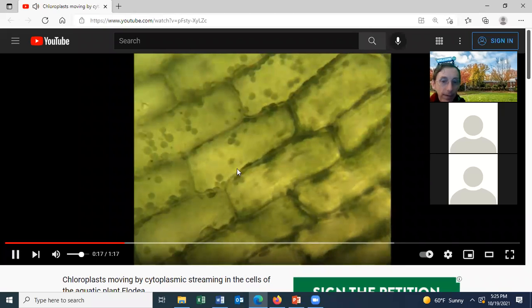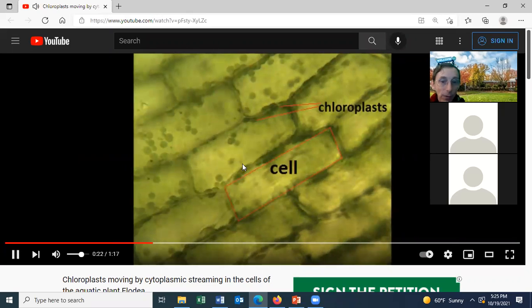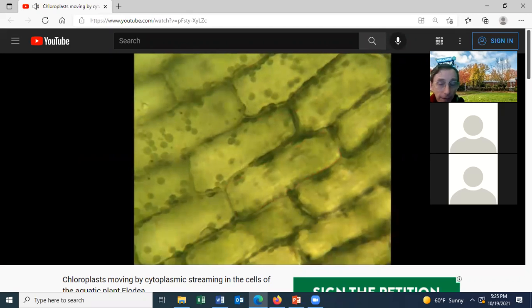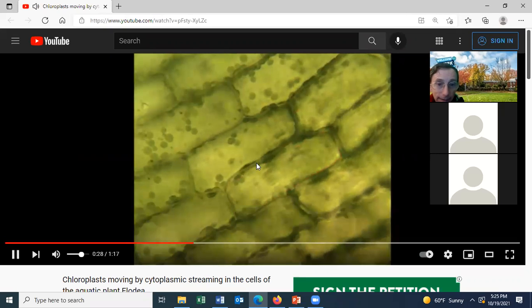All right, cytoplasmic streaming. You can see movement around the cell. What we're actually watching are chloroplasts, which is a fairly large organelle, and that's why it's easy to see under the light microscope.